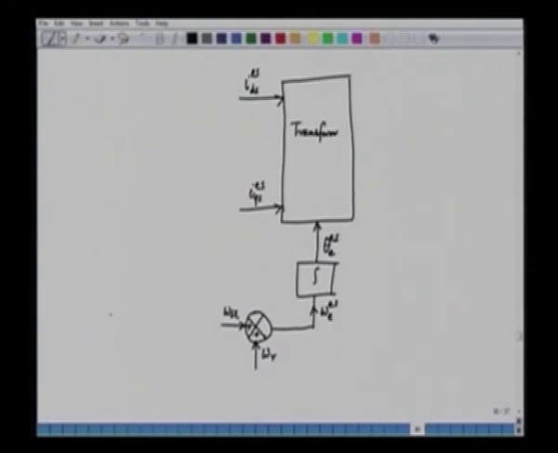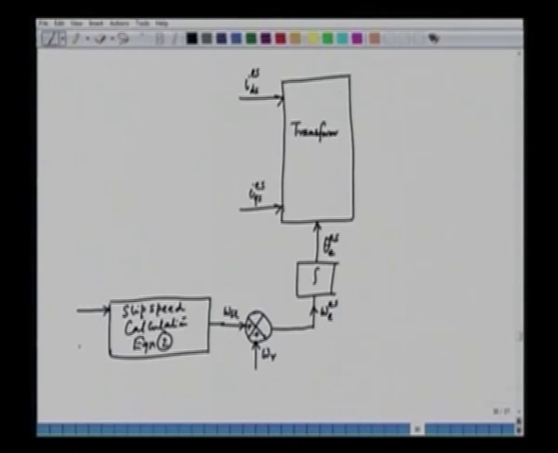We have to use here what is called the slip computation block, the slip speed calculation, and this is equation 2 that we have previously shown. This equation 2 will give us the expression for omega SL. And what are the inputs here?